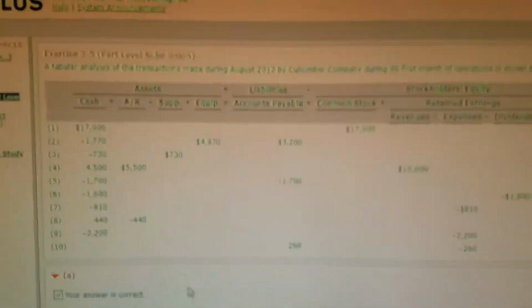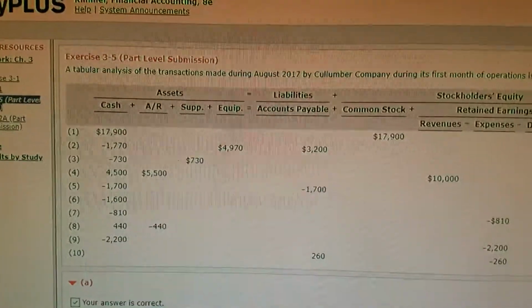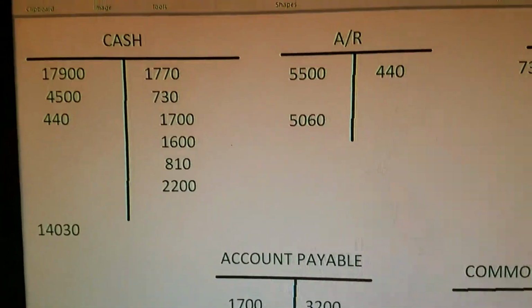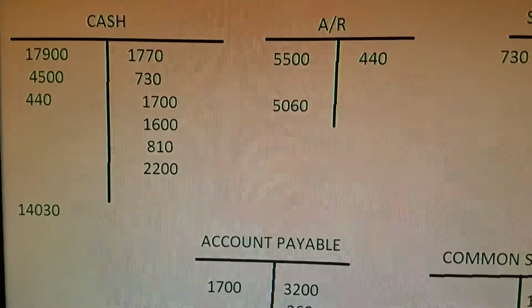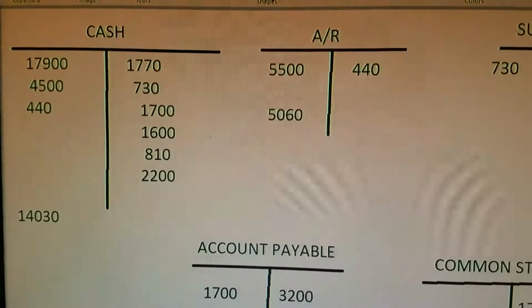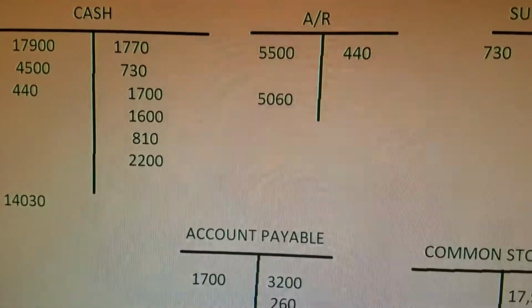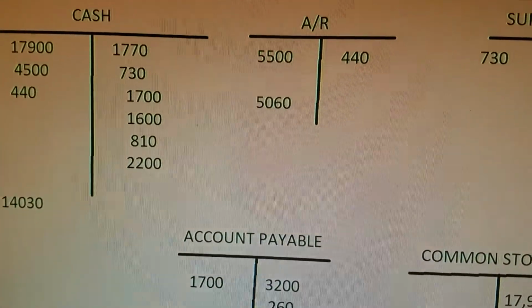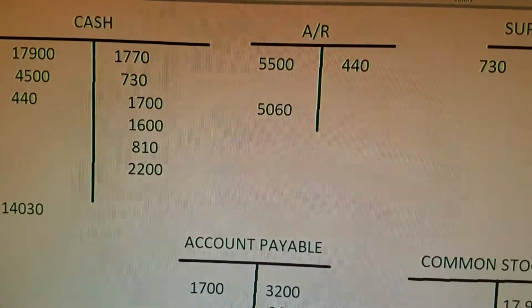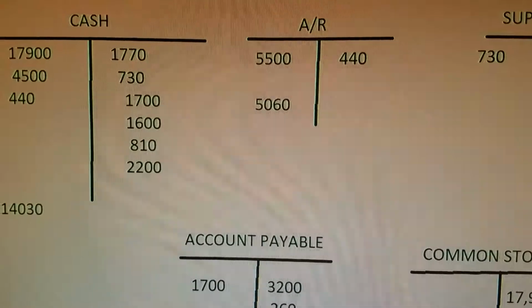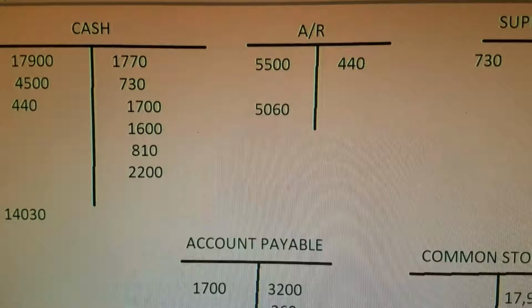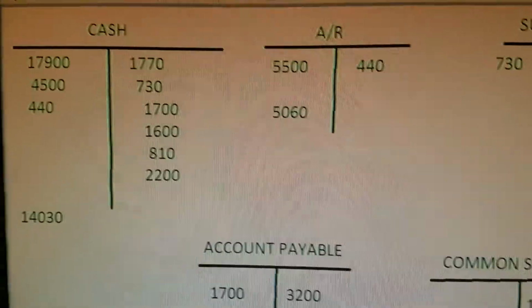So in the T account we record the debits, or money going into the company, on the left side of the account, and credits, or money going out from the company, on the right side of the account. I guess that's why credit cards are called that way. It means you're losing money.